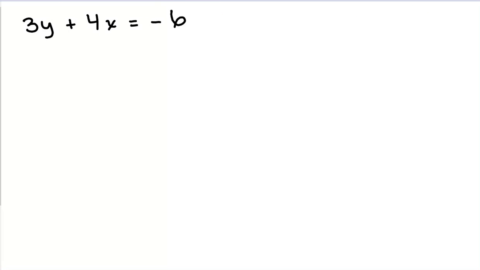What about this one? 3y plus 4x equals negative 6. Once again, y equals mx plus b, and it is not written in this form. So we need to manipulate this function in order to have y by itself. The first thing is quite easy. We're just going to subtract 4x from each side.